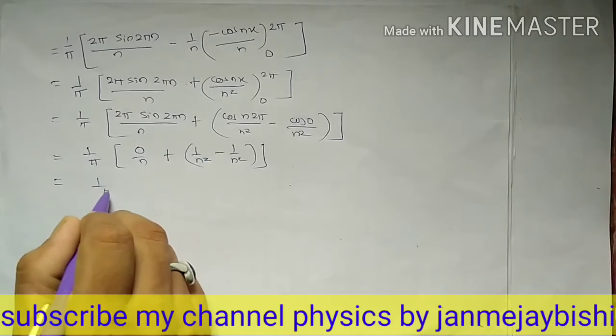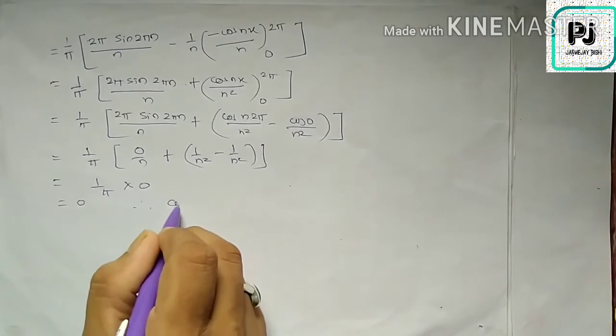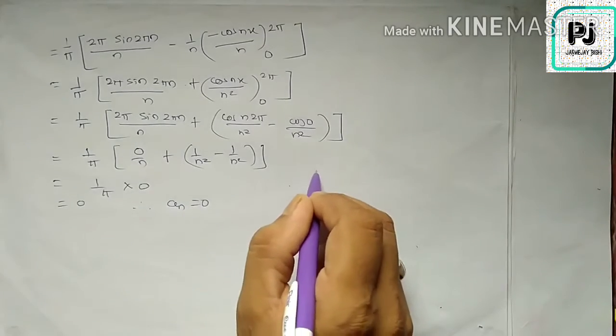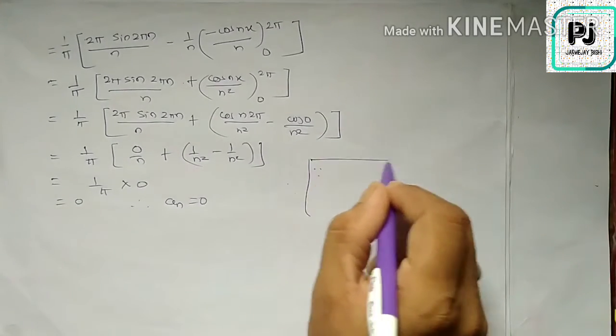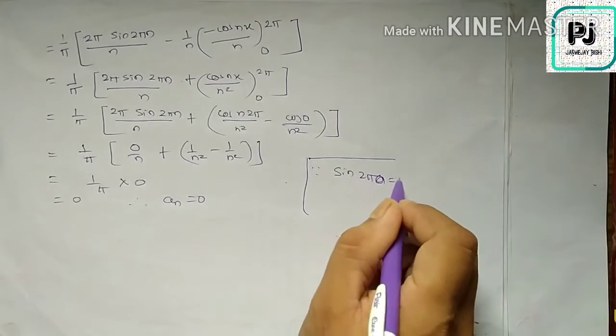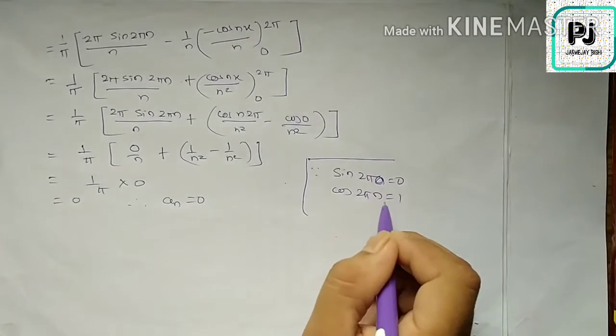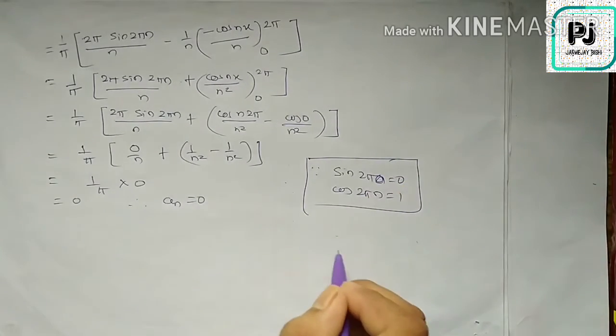So now 1 by pi into 0, 1 minus n square and minus n square equal to 0. Now the value will be 0, because sin 2 pi n has the value 0 and cos 2 pi n has the value 1. So this is the value.